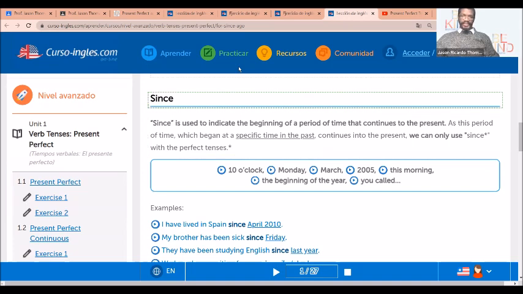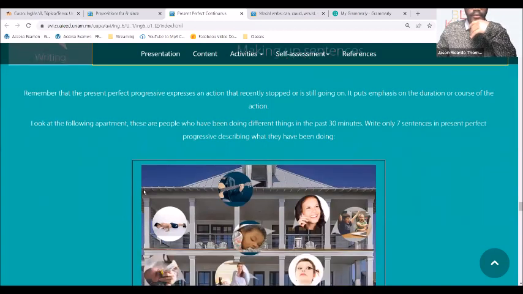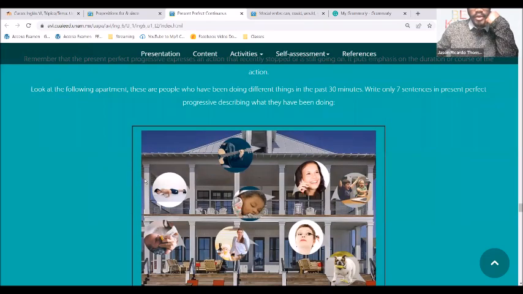So going back to our unit, we can make the decision, what's the best way to use our present perfect continuous. In this picture, this building has quite a few floors, and you see some pictures. In your writing activity for activity 2 in unit 1, the first writing activity is to write 7 sentences in present perfect continuous to describe these activities.